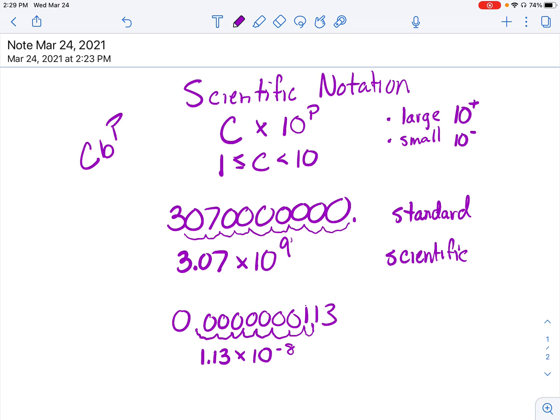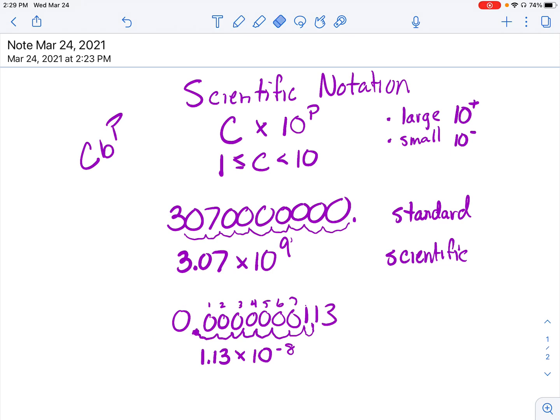One other little trick with negative powers of 10, 1, 2, 3, 4, 5, 6, 7. And this only works for the negative powers of 10, that the number of zeros between the decimal and the number is always one less than the power. So 10 to the negative 8th, you'll have 7 zeros. And it's good form to always put this leading zero before the decimal.